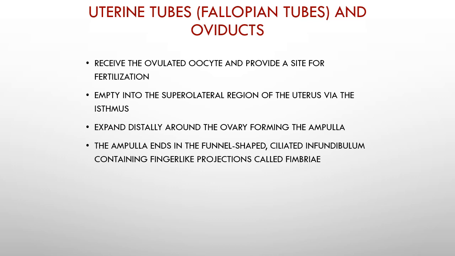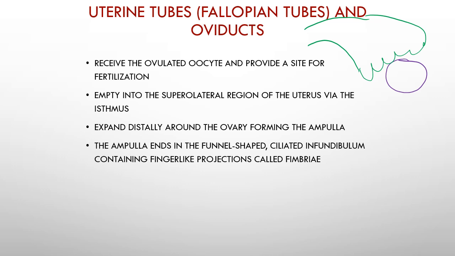So the uterine tubes themselves are going to receive the oocyte. What we have to keep in mind is that here's the ovary, and here is the uterine tube. The uterine tube, or the fallopian tube, does not actually seal around the ovary.